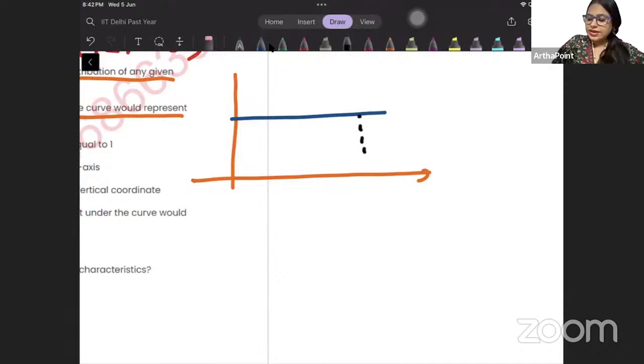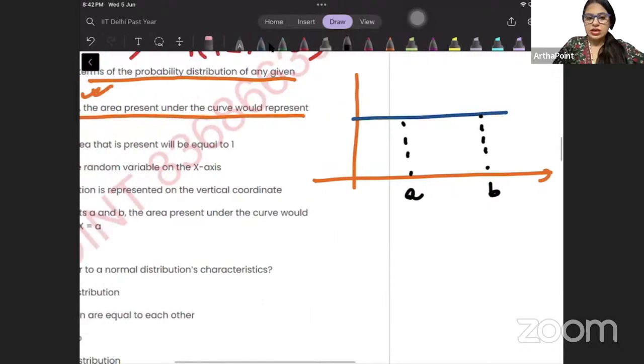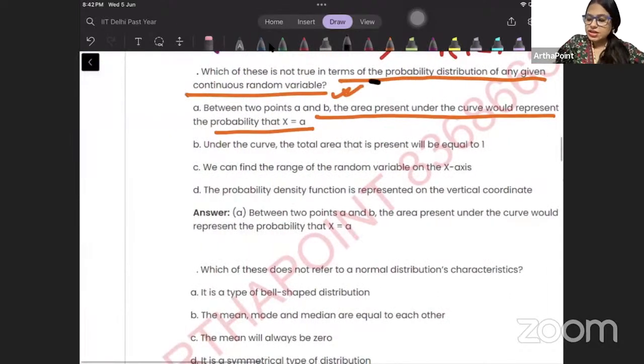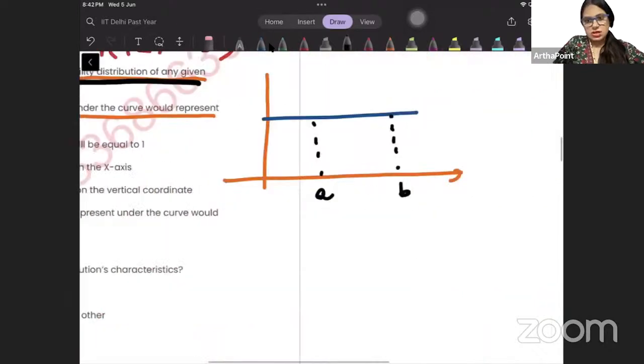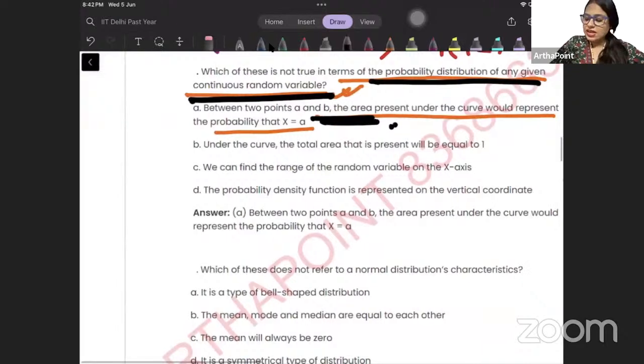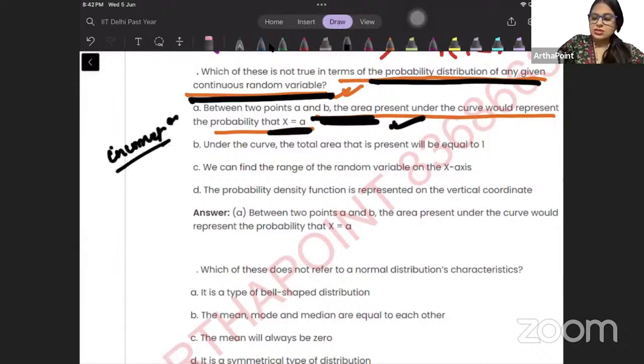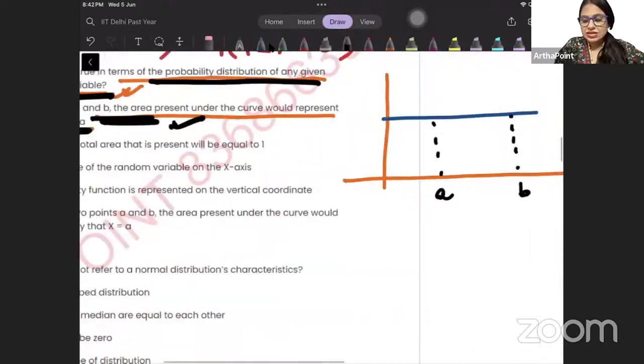Now I take 2 points. This point represents point B. This represents A. It says it is continuous between A and B, so I have just made this continuous. Now it says the area present under the curve would be represented by the probability that X is A. This is incorrect. Absolutely incorrect statement. Why is this incorrect?